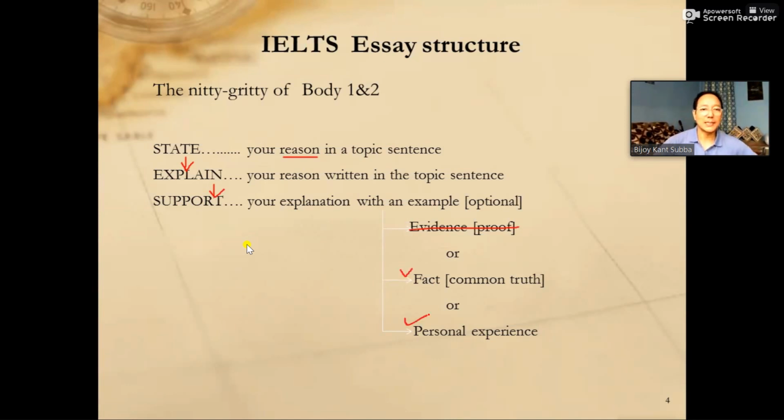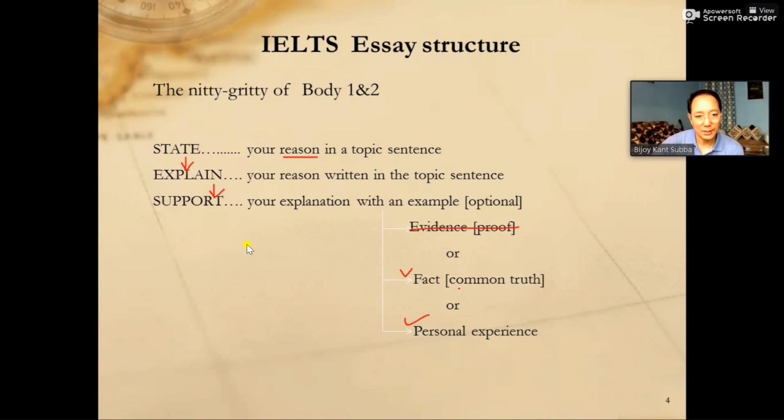The instruction says, support your reasons with knowledge and experience of your own. So that's the instruction: support your reasons with your own knowledge or personal experience.